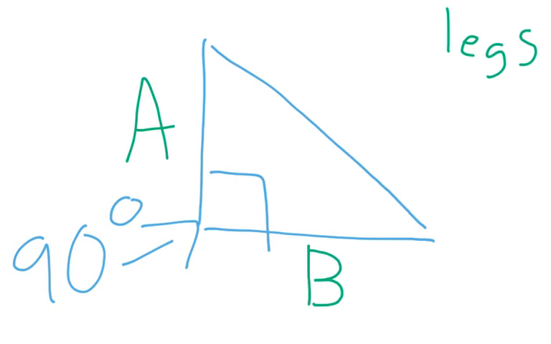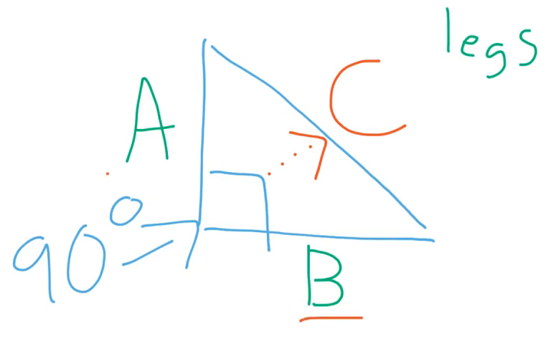And the reason they're called the legs is because those are the two sides that come together to make that 90-degree angle, that perfect corner. And so those are always considered sides A and side B. But this side over here that is straight across from that 90-degree angle, this is what is called side C.